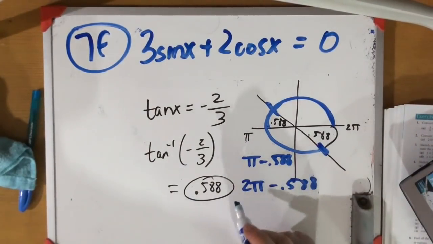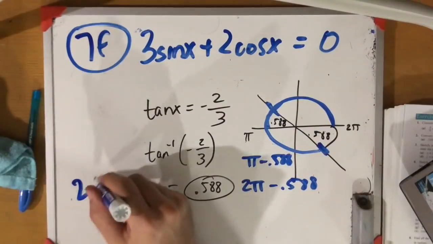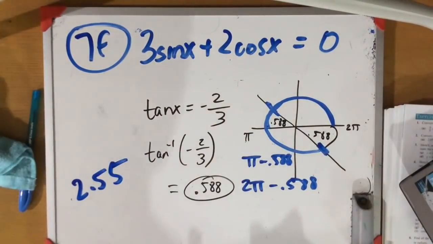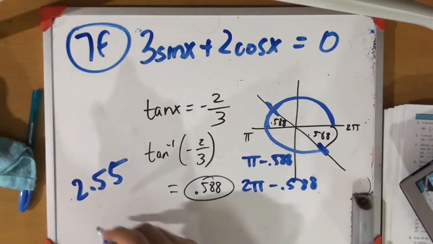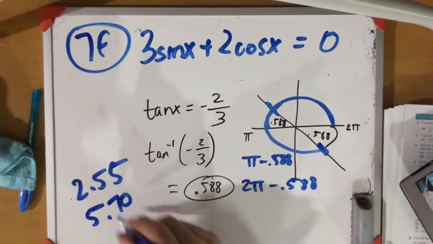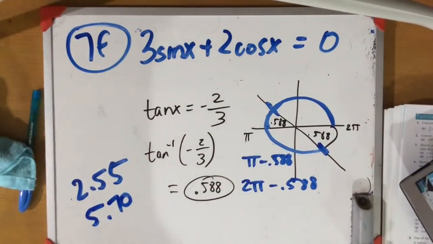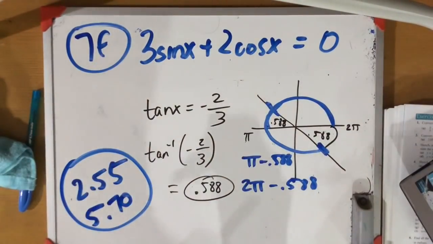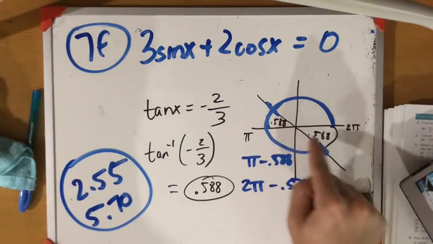So my pi minus 0.588 is 2.55, and 2 pi minus 0.588 is approximately 5.70 radians. Okay, so here are your two answers for this one. Again, those represent those two angles.